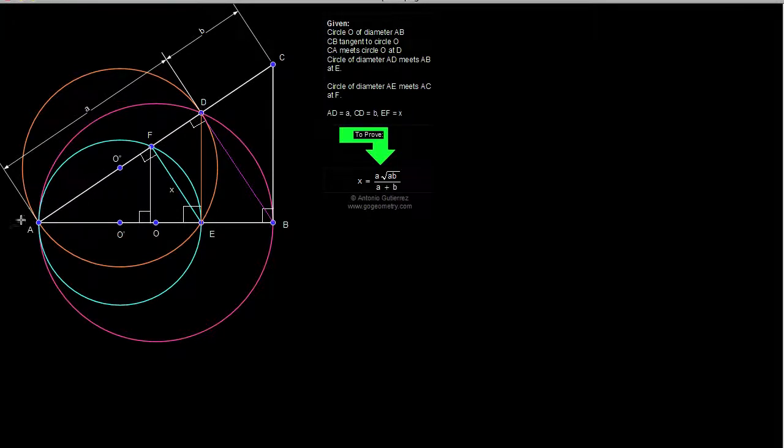So this triangle has the side a and a side DB. Okay, that's what I'm going to look at. I'm going to look at the ratio of this side to this side, which is a over DB. So I have a over DB.